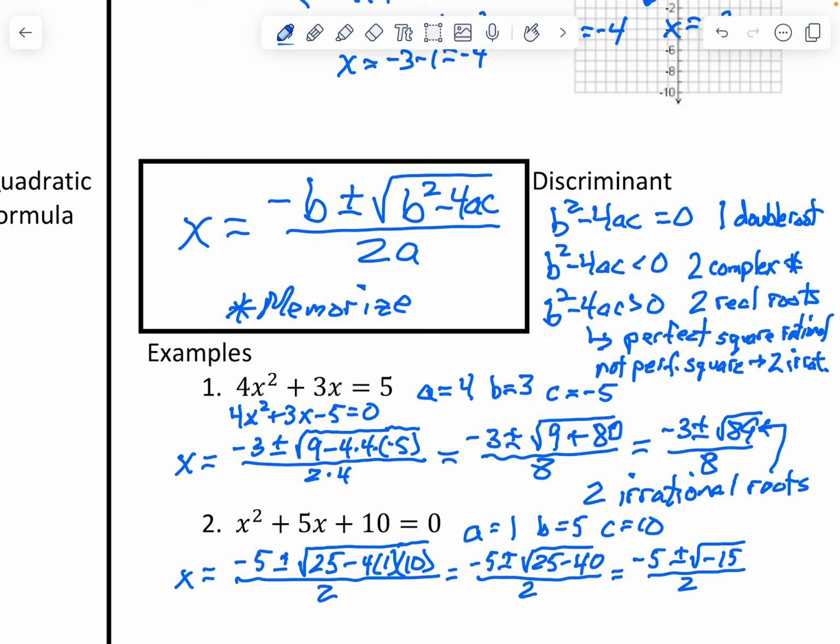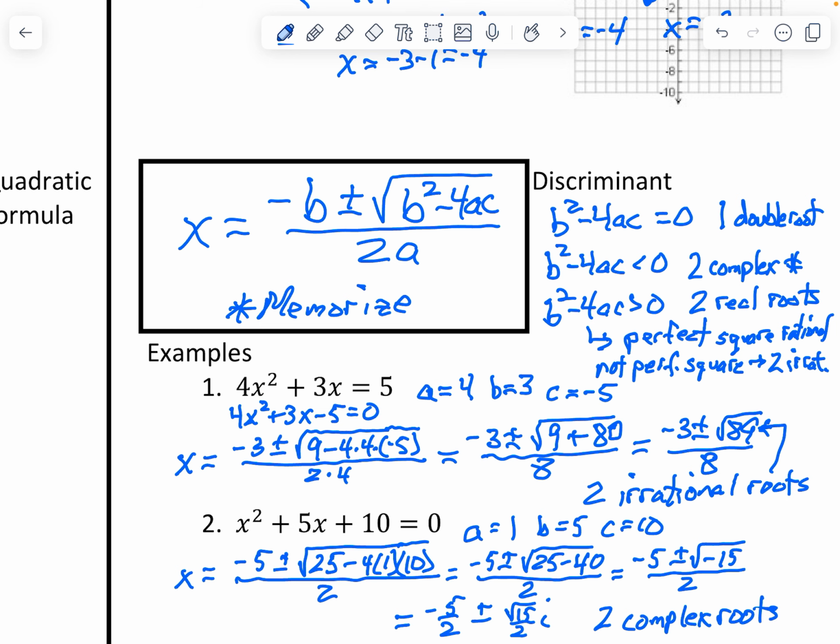We'll take the i out, so it's going to be negative 5 over 2, plus or minus, and I'm going to have the negative square root of 15 over 2, and I'm going to have an i multiplied because of that negative underneath the square root. So this is 2 complex roots. They're actually imaginary, they're imaginary conjugate roots for that.